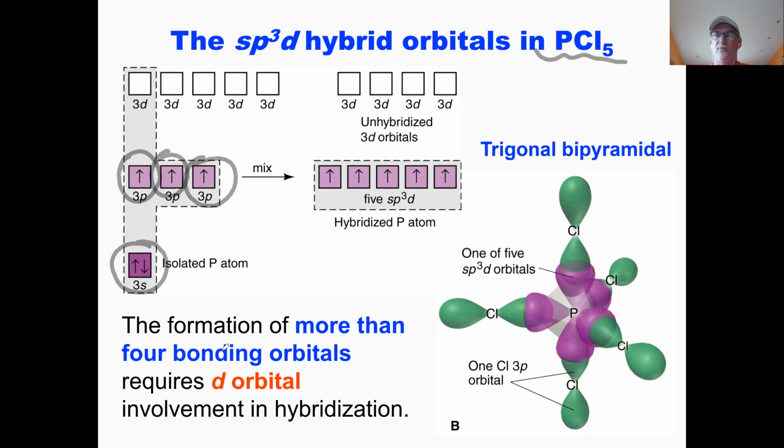Well, we've kind of run out of orbitals because I have 1s and I've got 3p. That's only 4. What am I going to do? Well, luckily, phosphorus is in period 3. It has, yay, empty d orbitals. And this is where we can place extra electrons. We can hybridize one of the d orbitals as well.